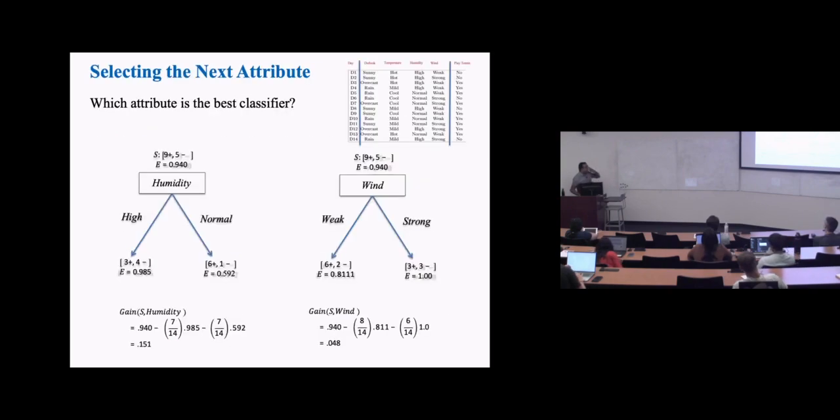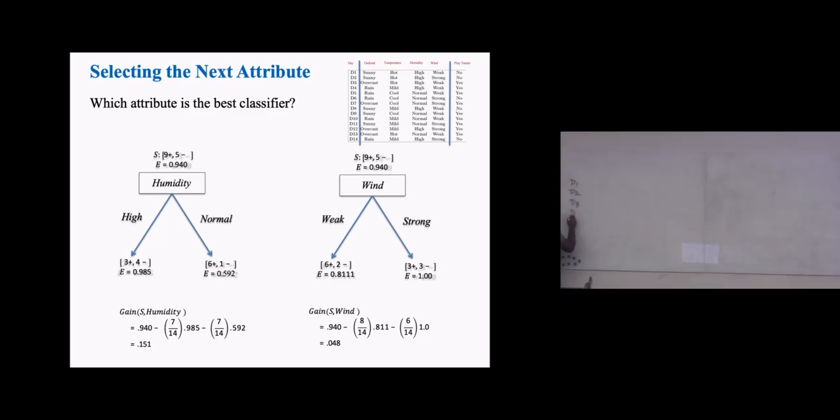And actually, let's have our data ready so that I don't have to look every time. So D1, 2, 3, 4, 5, 6, 7, 8, 9, 10, 11, 12, 13, and 14.